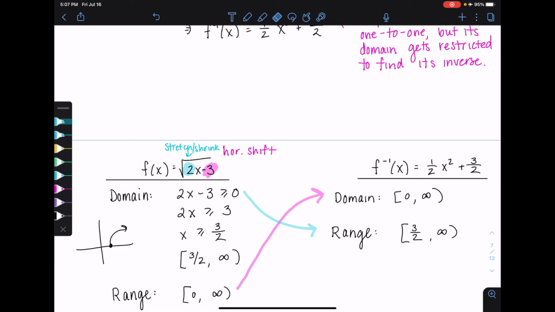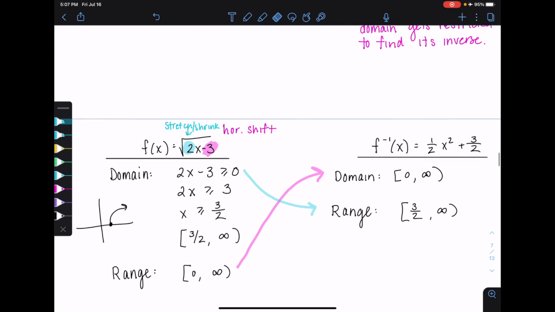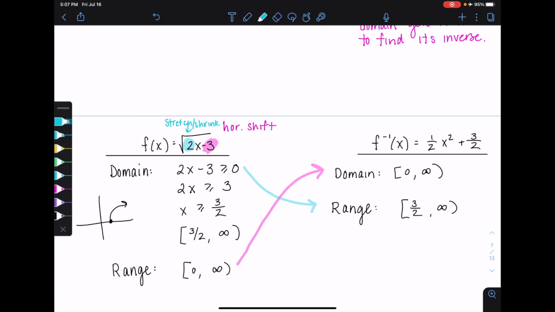So the range is going to be from 3/2 to infinity. So if I also think about trying to plot this one, this plus 3/2 is just going to shift this vertically. So ultimately, I have a parabola that's just been shifted upwards. To make it 1-to-1, we're going to ignore everything on the left half. So now the piece on the right half passes that vertical line test.